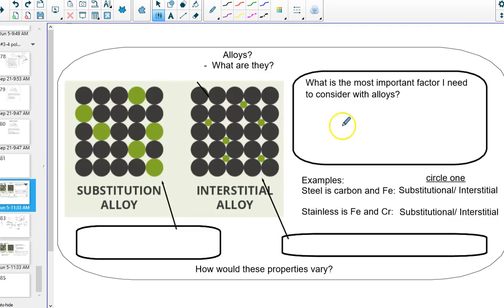It all comes down to size. Every single question, we're referring to the size of the thing you add to it. Is it big, like the other atoms, or is it small? If it's big, then it becomes what's called substitutional. It takes a whole spot.